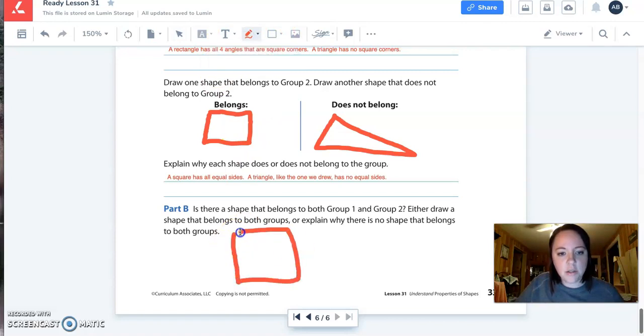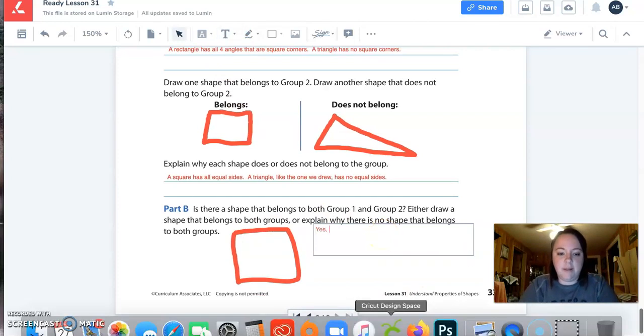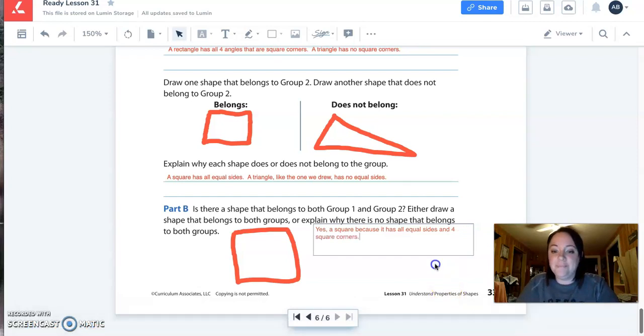A square, and I'm going to write it in a sentence. Yes, comma, a square, because it has all equal sides and 4 square corners. Just like that. And there's our answer.